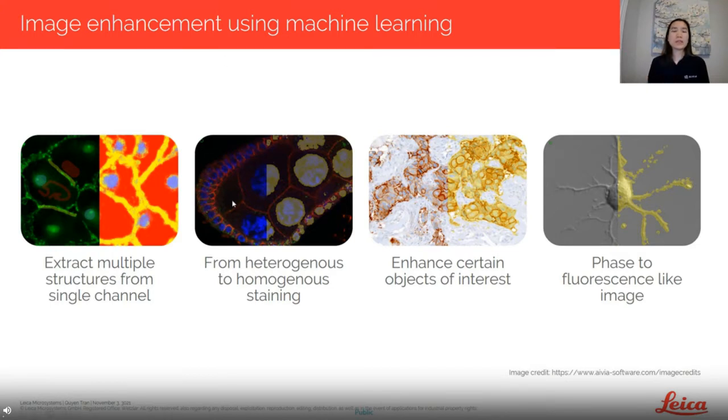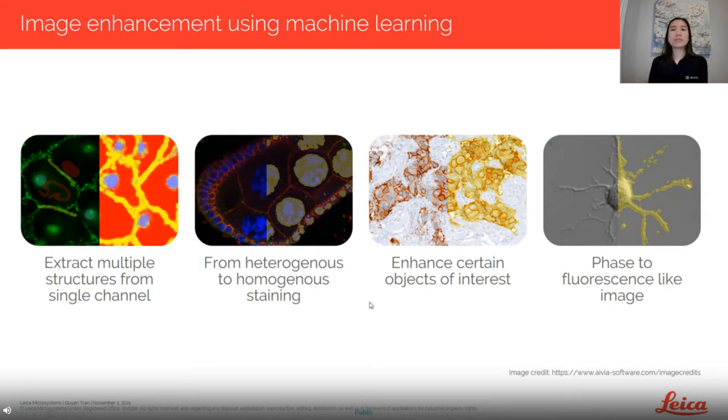So what we did here is we provided examples of what the entire nucleus looks like, and the pixel classifier expanded this and allowed us to create a new channel that has a more homogeneous staining and evens out the staining and captures the full scope of the nucleus, so that subsequent image analysis protocols that we have that are intensity-based can now do a much better job at this detection.